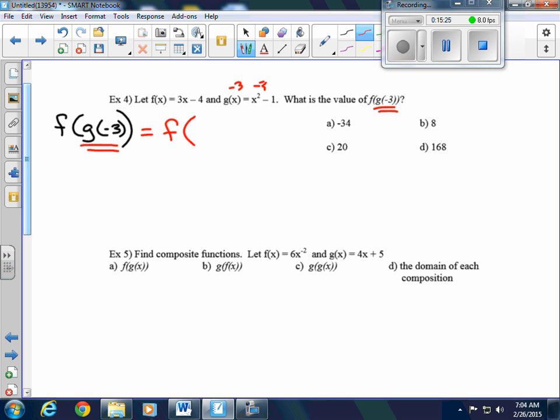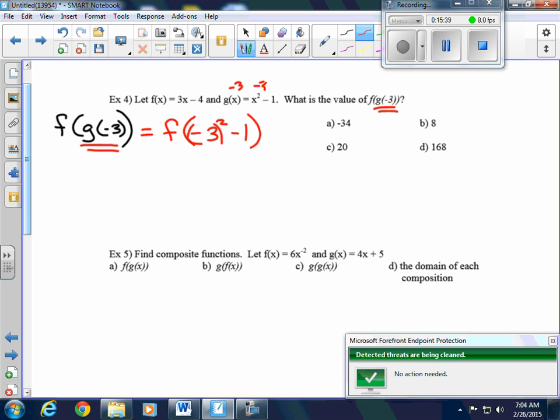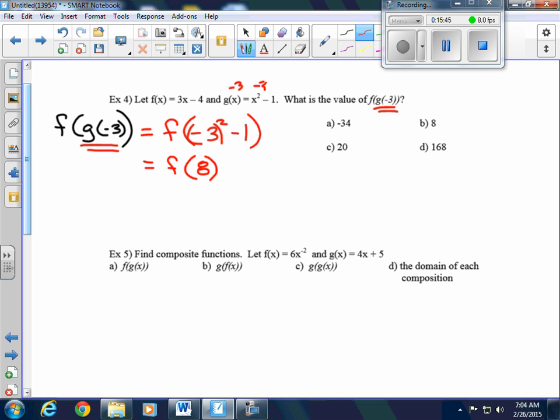So g of -3 is going to be -3 squared minus 1. -3 squared is 9, and 9 minus 1 is 8. So this is going to be f of 8.